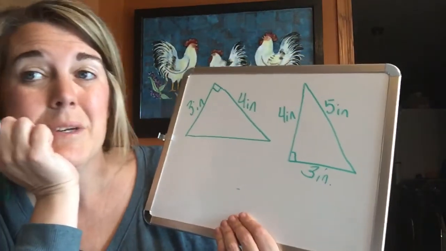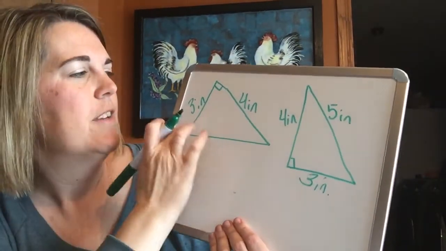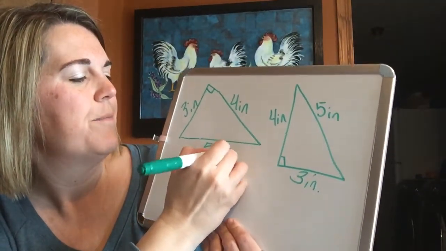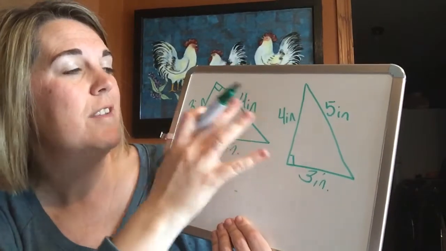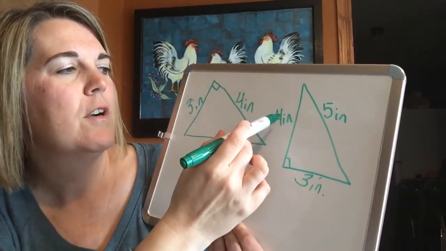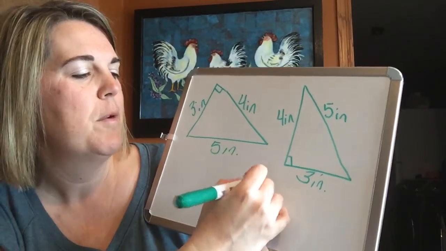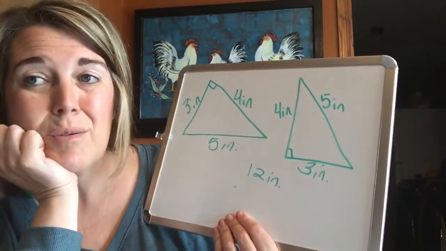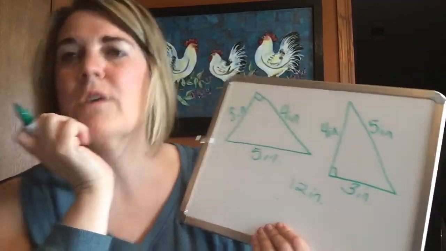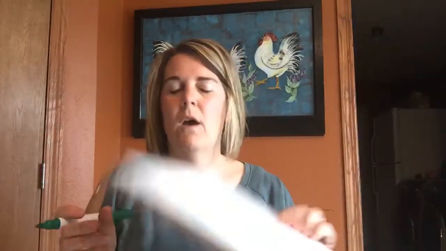I'm going to know. And over here I'm missing this long side, so I know it's 5 inches. Now they're the same, so you would just add them up. 5 and 4 is 9, plus 3 is 12. So the perimeter of these triangles is 12 inches. That's what you know when you have corresponding side lengths with congruent triangles.